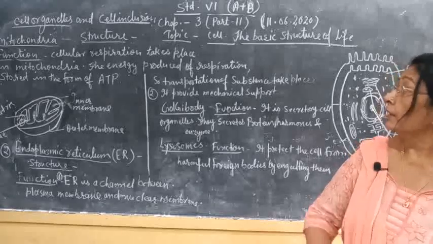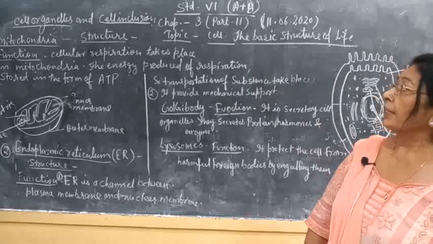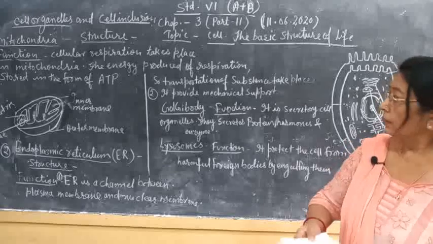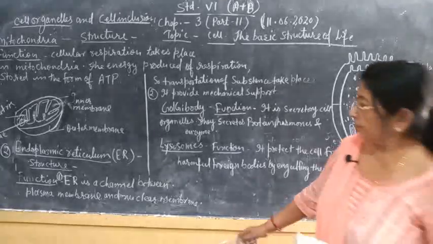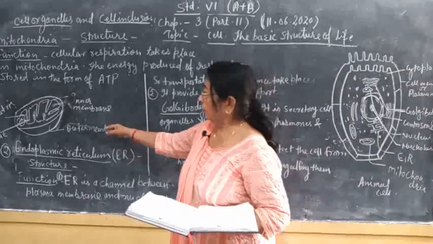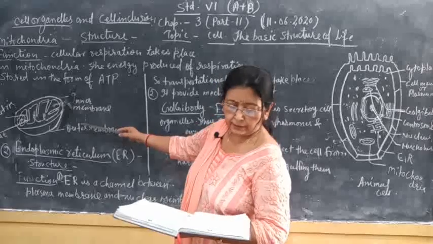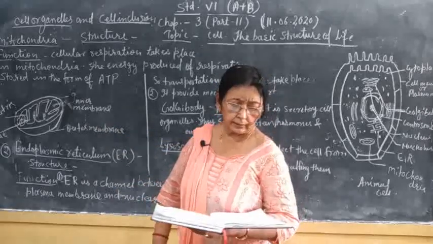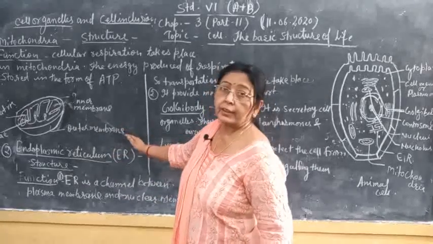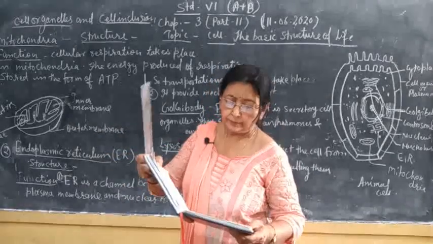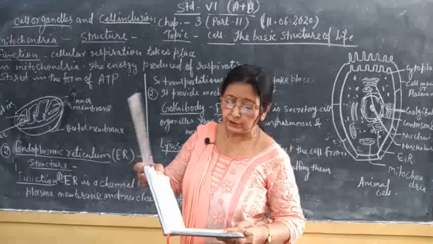Today we start first with the cell organelle, mitochondria. Look at this figure. Mitochondria are tiny particles having different shapes: rod shape, round shape, oval shape.